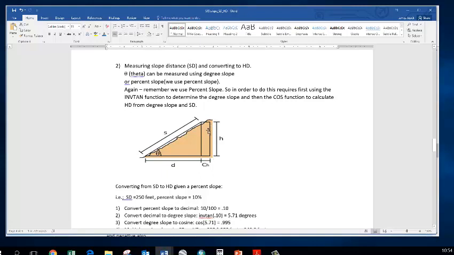So how do we convert rise over run, expressed as a fraction, to a degree slope? Well, turns out that rise over run is the tangent function on a right triangle. So in order to take that relationship and turn it back into a degree slope, you have to use the inverse tangent function.